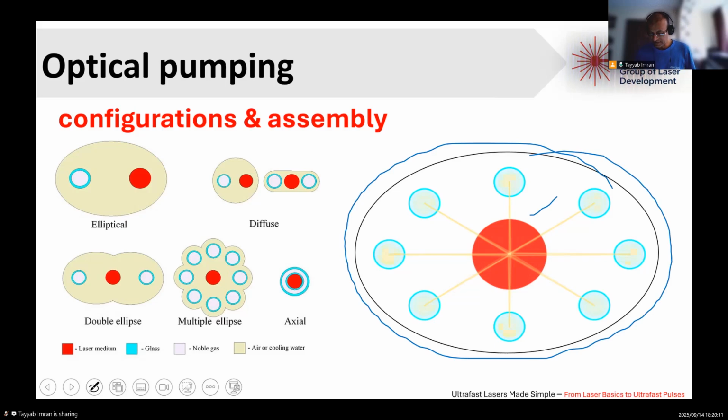So it concentrates here, very strong pumping, and then it emits the laser, a high power laser. This is the arrangement to generate the laser, and after the generation, you use the cavity mirrors on both sides to amplify. So these were the kinds of optical pumping setups.